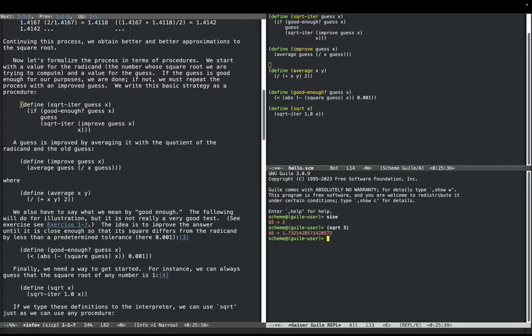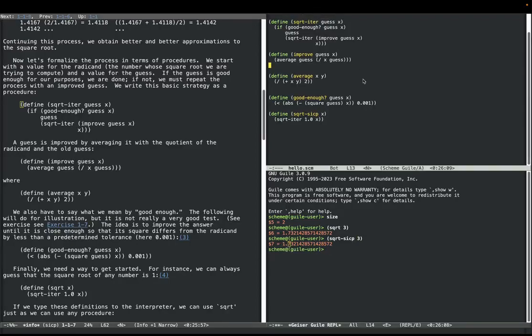Square root of 3. Huh, but okay, so I think it did not overwrite our definition, right? Let's try calling this sqrt-sicp. Let's call it that. And now we go down here, sqrt-sicp of 3. Huh? Whoa. Okay.